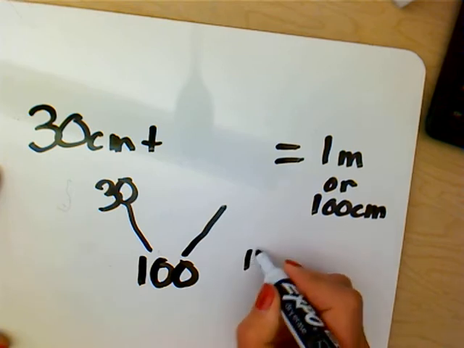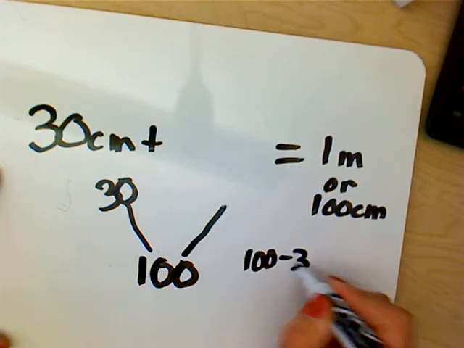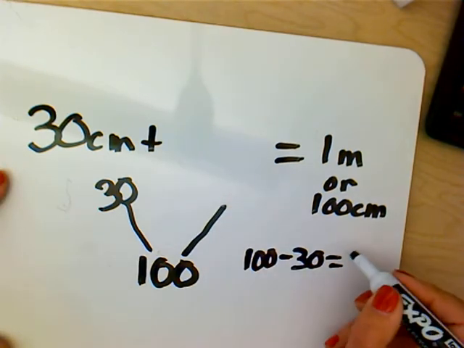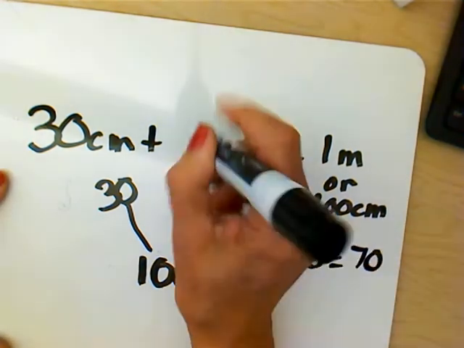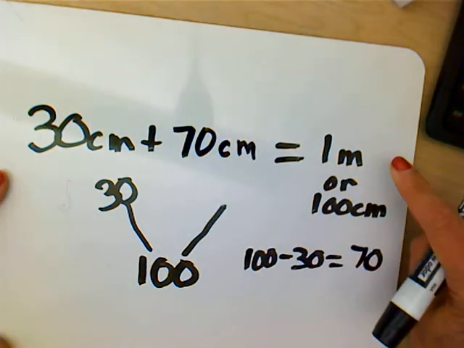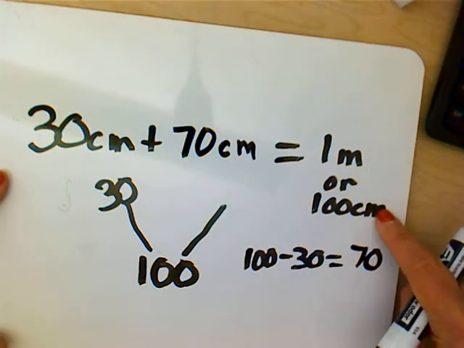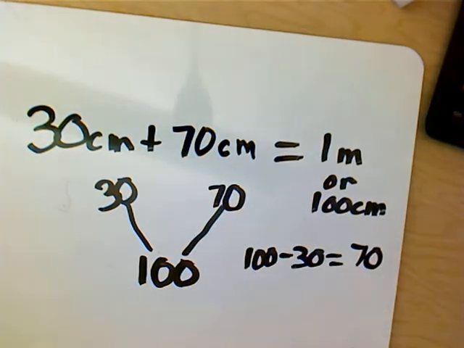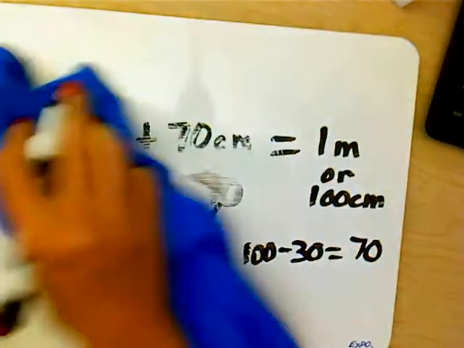So 100 take away 30, because I'm looking for this part of my number bond, would be 70. So 30 centimeters plus 70 centimeters would get me to 1 full meter, or 100 centimeters. So I know that 70 would complete my number bond. All right, let's try another one. We're going to try one or two more.